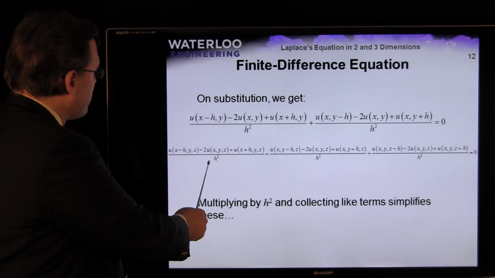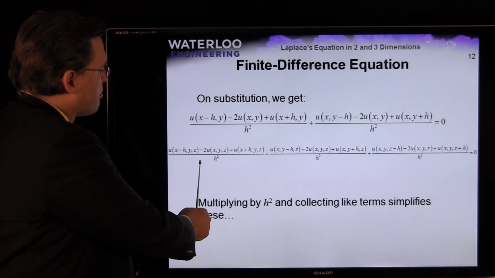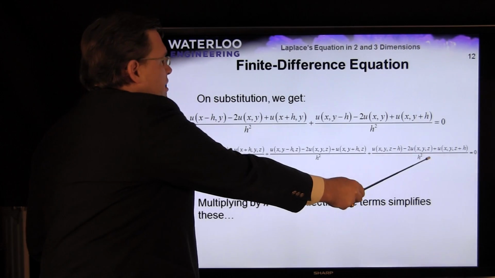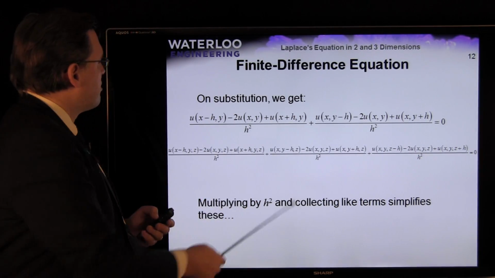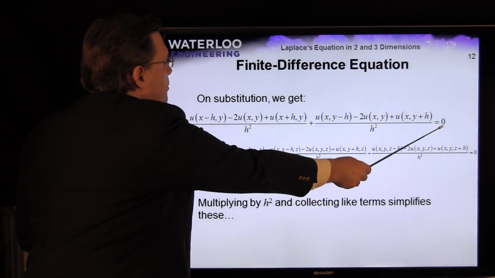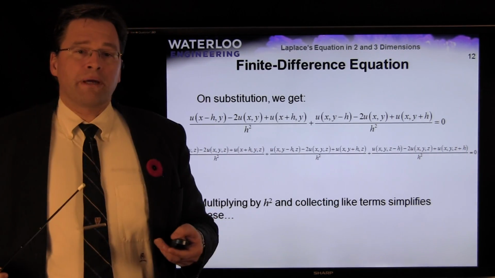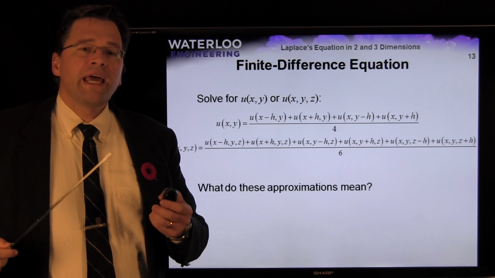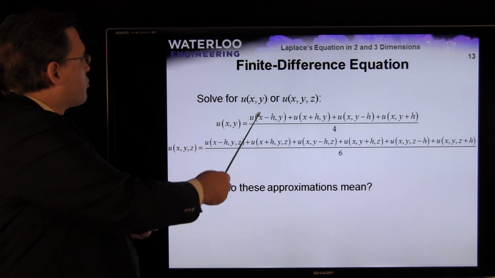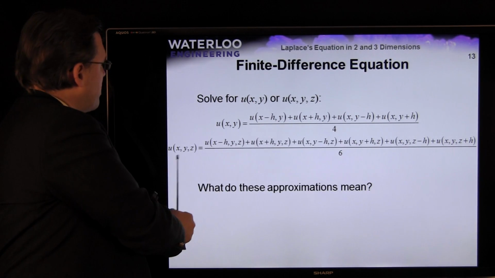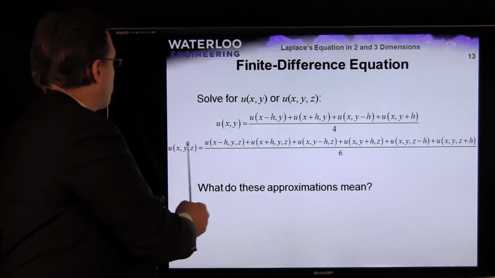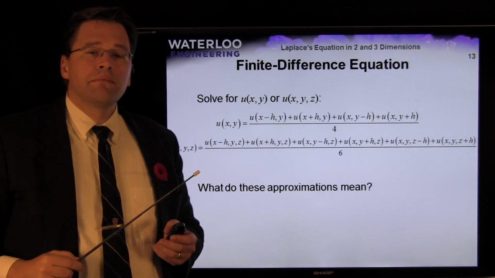We can do the same thing in 3 dimensions, with the second partial with respect to the first, second, and third variables. Now, there's a common factor of h that we can multiply through, so let's multiply through by h squared and collect like terms, and then solve for the central point. So here we're solving for u of x, y, and here we've solved for u of x, y, and z.